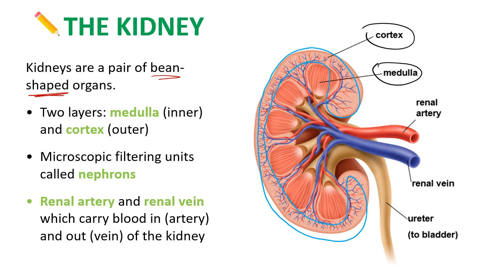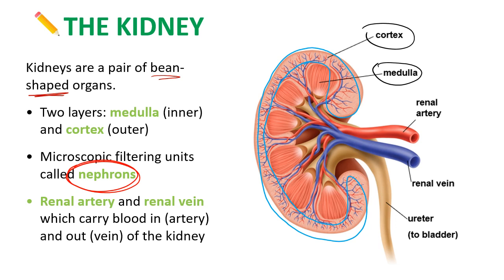Cortex generally means outer section in many organs. So if you're learning psychology, the cerebral cortex is the outer layer of the brain. Inside those two sections is this little unit that we call a nephron. And that's what actually does all the filtering. So we'll learn the details of that next.